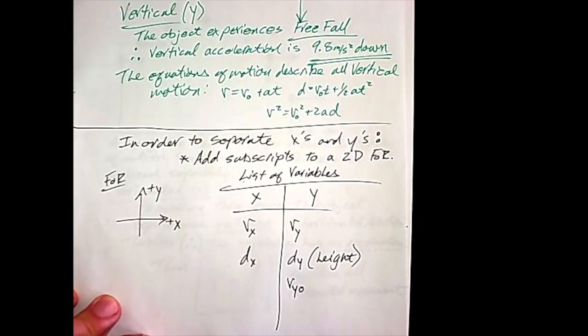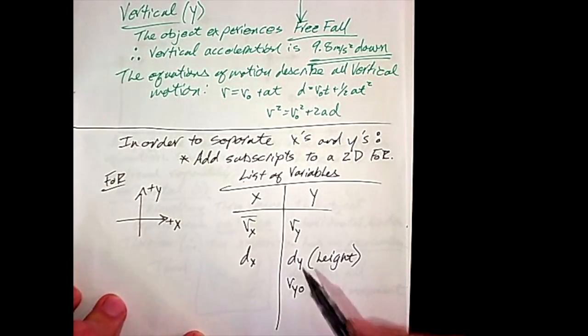Because it stays the same the whole time. That's exactly right. Which means that this Vx is really just average V, and there is no Vx and Vx naught. There is no initial and final because they'd be the same number, because the same speed horizontally stays the same the whole time.